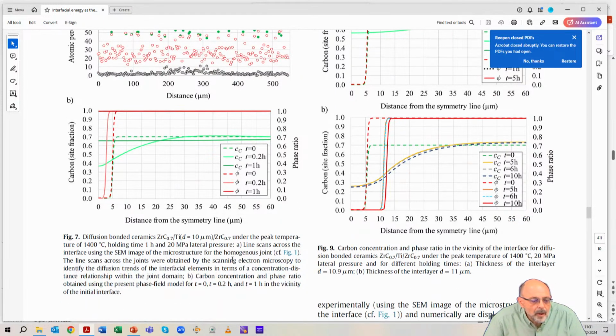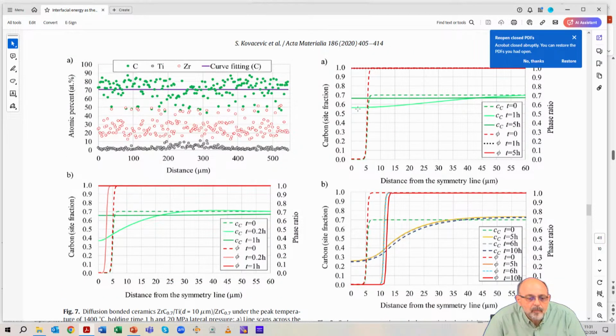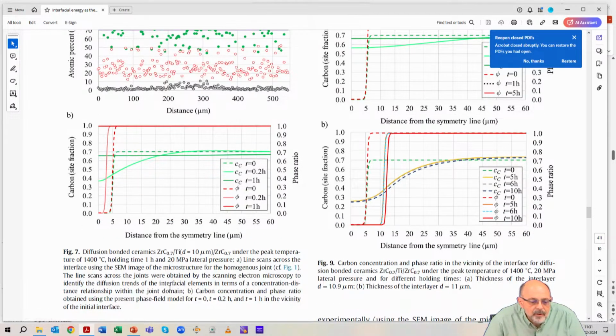Sorry, I was looking at the wrong one. This is a 10 micron.